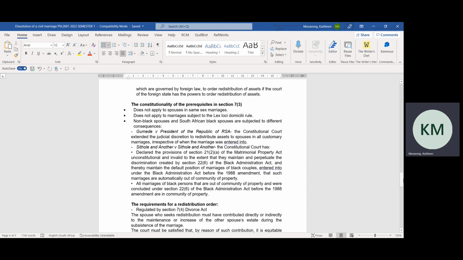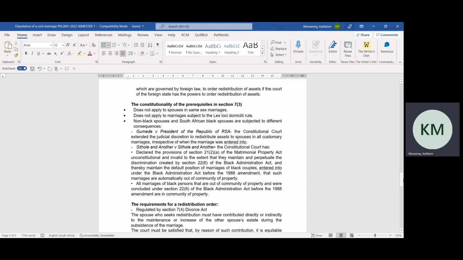But we know that when the parties are in community of property, they are joint. They have joint rights to the estate, and it's 50-50. So I don't see a court ordering redistribution of assets in a marriage in community of property, but the court can order redistribution of assets if the parties are married out of community of property without the accrual, or out of community of property with the accrual system, if it can be shown that the spouse whose estate is higher gets to keep quite a large chunk of the estate, while the other one's share of what they are supposed to get after the accrual calculation is quite limited.